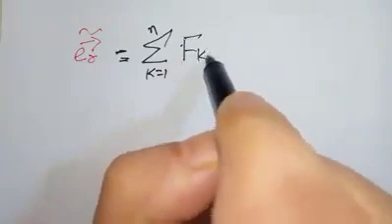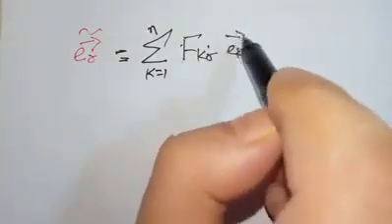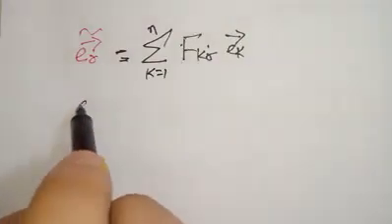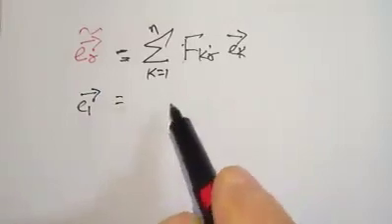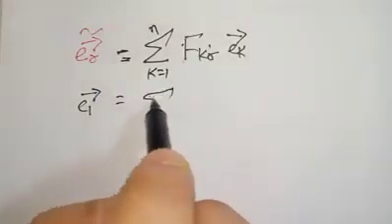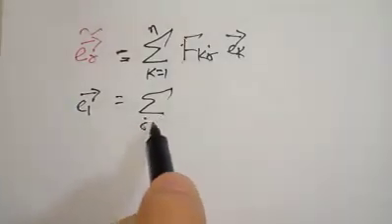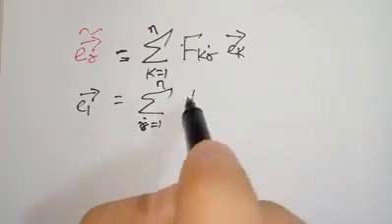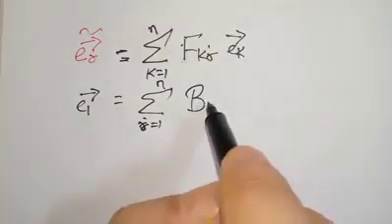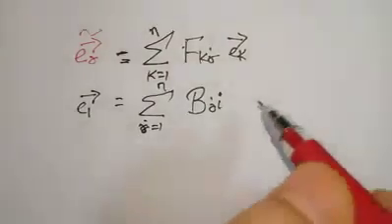Then we have the forward f_kj, e_k. And then we can write the next one, e_i would be equal to the sum, this time from j equals 1 to n. Then we have the backward b_ji, and then we have used the red one, e_j tilde.